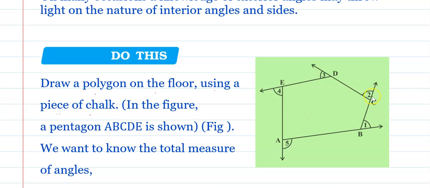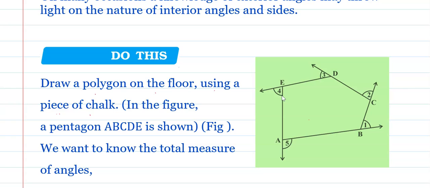At C, you turn through angle 2. Again walk along CD. At D, you turn through angle 3. Again walk along DE. At E, you turn through angle 4.